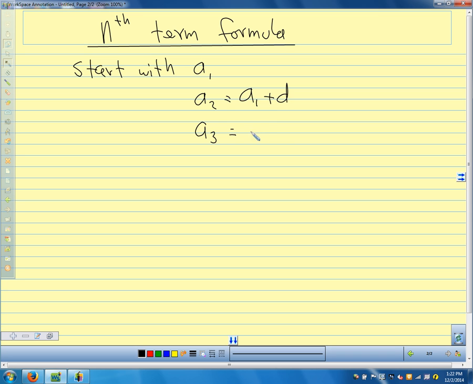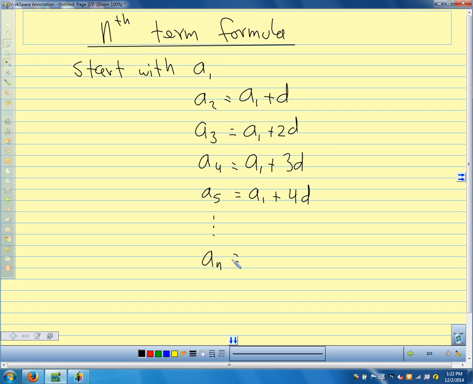A sub 1 plus 2d. For a sub 4, I'm going to add d to this term to get the next term. So I get a sub 1 plus 2d plus d, which is 3d. And for a sub 5 for the next one, a sub 1 plus one more d, 4d, dot, dot, dot. So our pattern, yes?